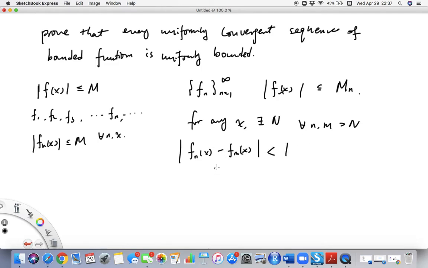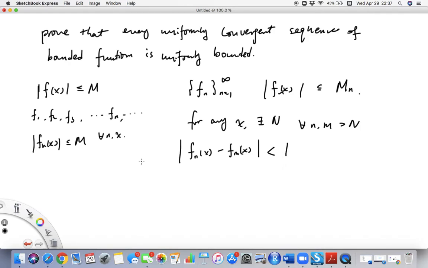That is just saying for any particular x, this sequence fn(x) is a Cauchy sequence, right? Here I just picked epsilon to be 1. Of course, you can pick epsilon to be anything as long as it's not infinity.